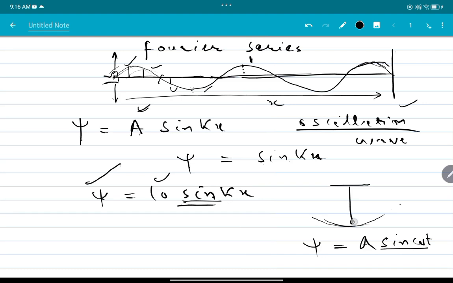Now, here what you find is that in oscillation, displacement varies sinusoidally with time. We will talk about omega later on. Now, in a wave, displacement at any point varies simultaneously with two things, with time and space.